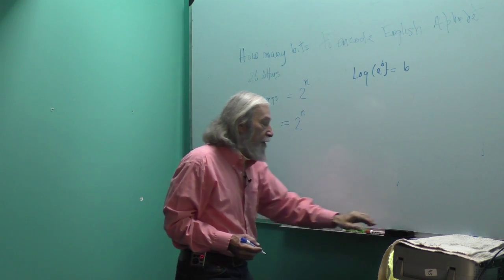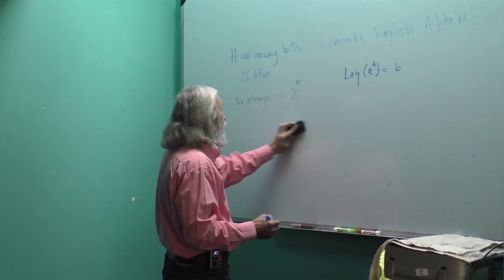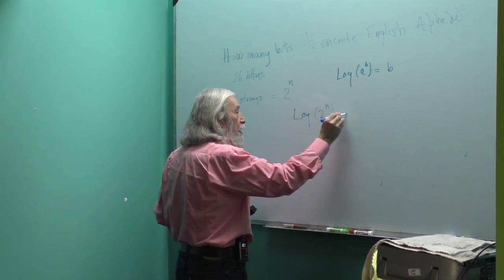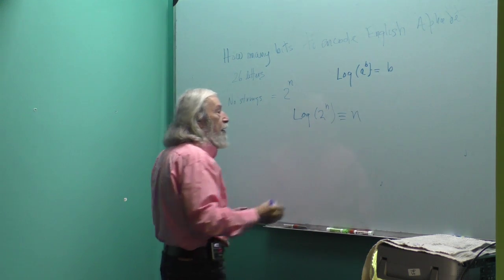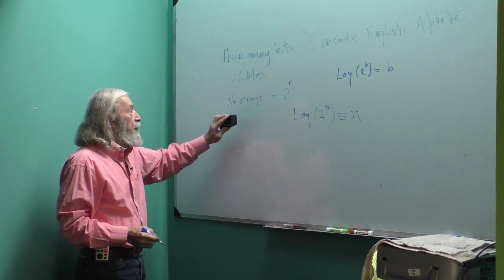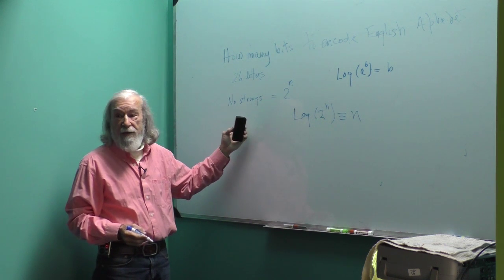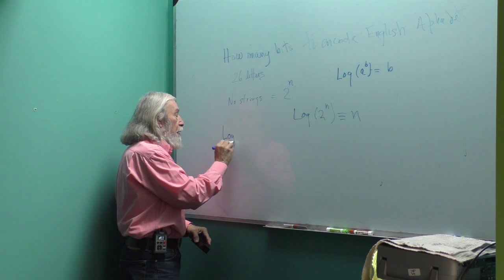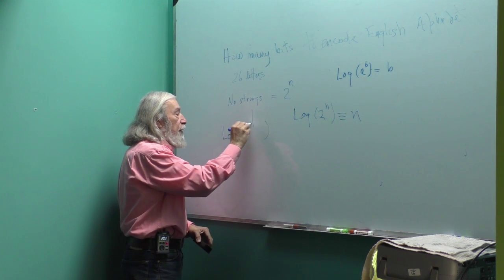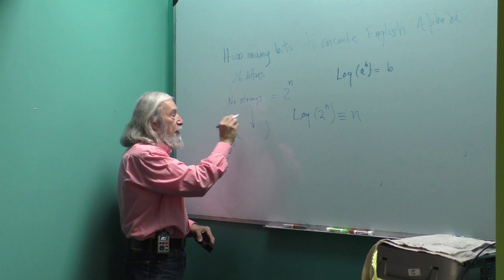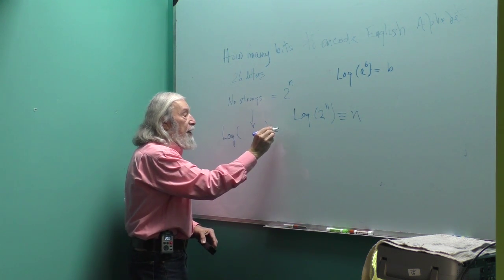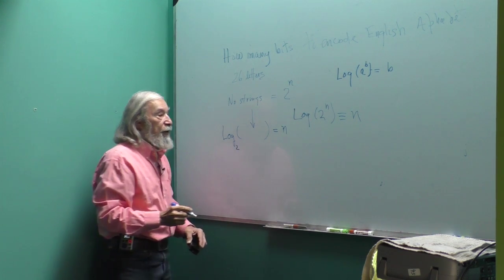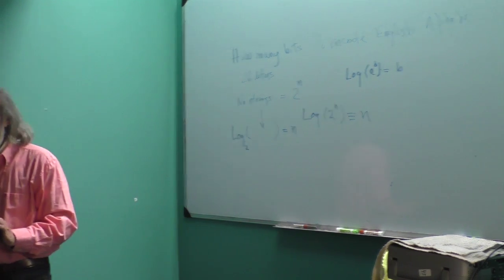So what we want to do is log of 2 to the n is equal to n. We want to take the log of both sides of this equation. So log of the number of strings, which is what we're looking for, is equal to n, where I'm going to now write a 2 here, we're taking logarithms where 2 is the base.